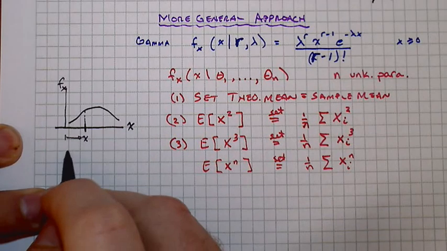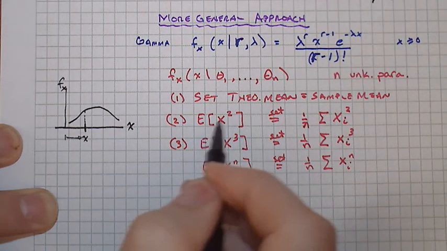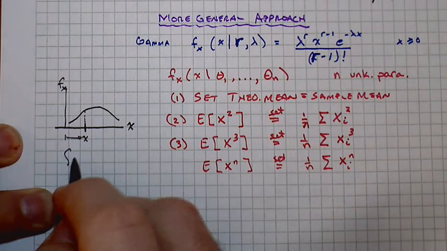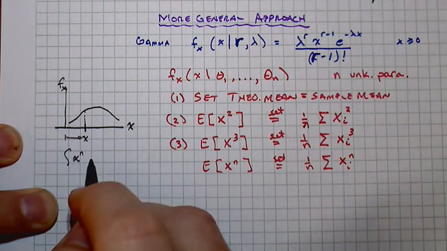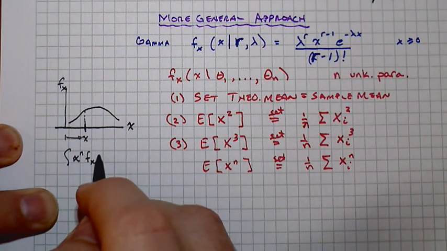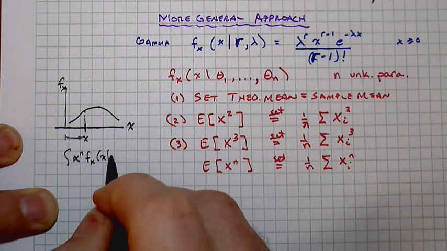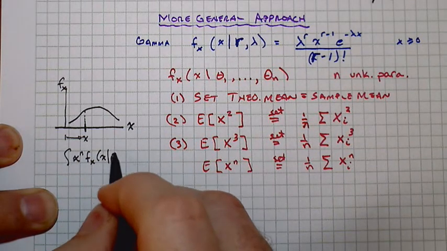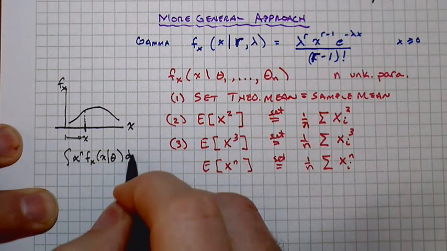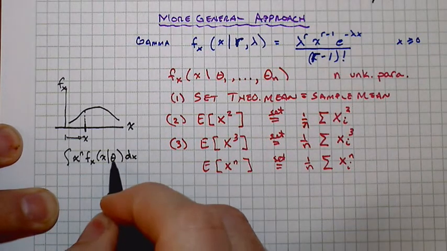When we theoretically are evaluating something like this, we're taking the nth moment of our probability distribution, where this could be a vector of parameters now, unknown.